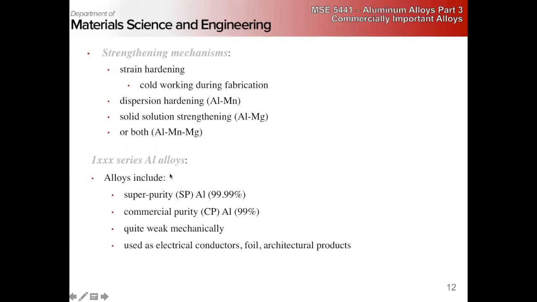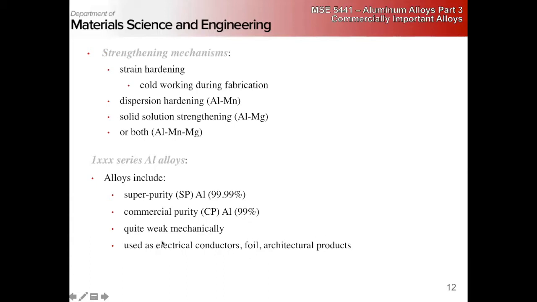So the 1000 series alloys, the ones of interest, are commercially pure aluminum, 99%, and super pure, high purity aluminum. This would be 4 nines. So it's very weak mechanically, but it's important for use in electrical conductors.